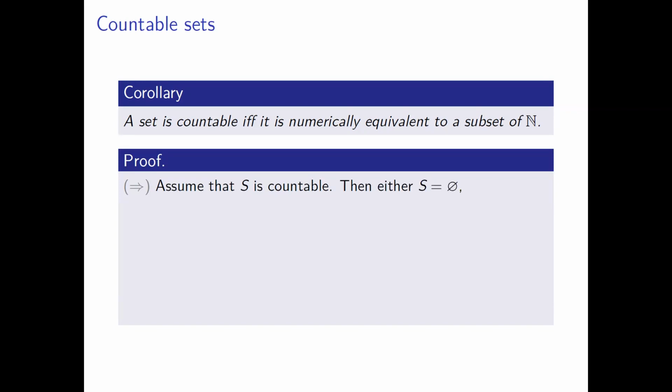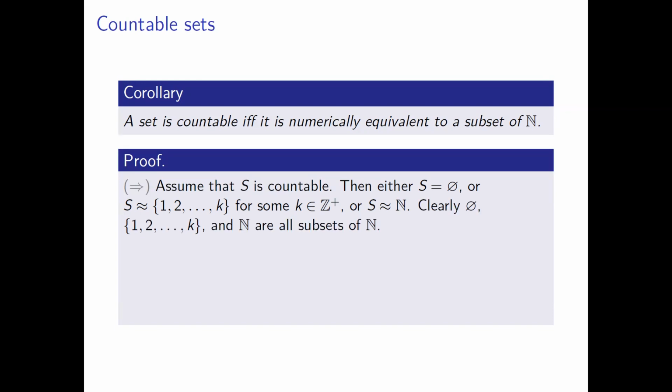Then either S is empty, or for some positive integer k, S is numerically equivalent to the set of integers from 1 to k, or S is numerically equivalent to the set of natural numbers. Clearly, the empty set, the set of integers from 1 to k, and the set of natural numbers are all subsets of the set of natural numbers. So in each case, S is numerically equivalent to a subset of N.